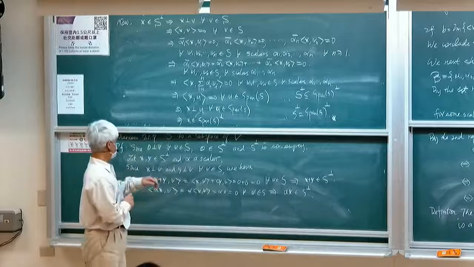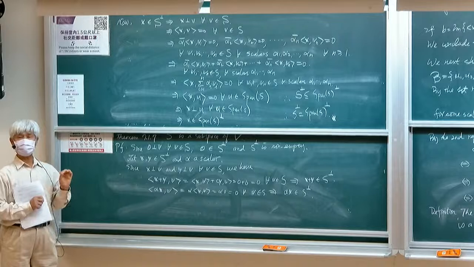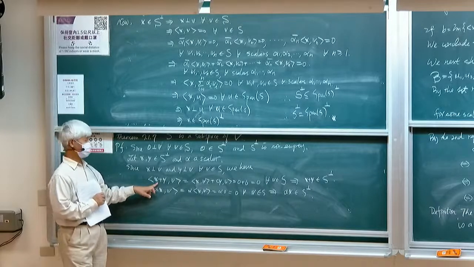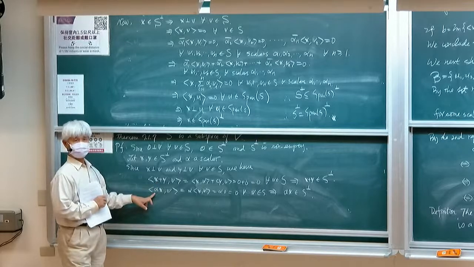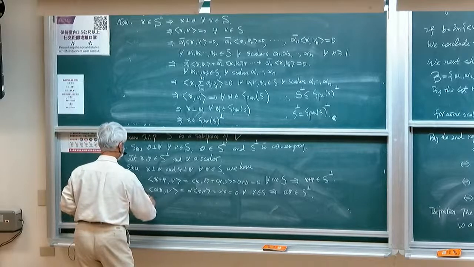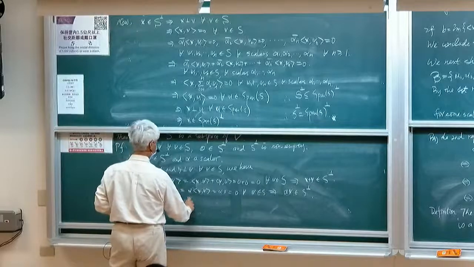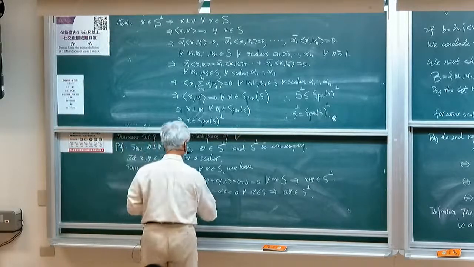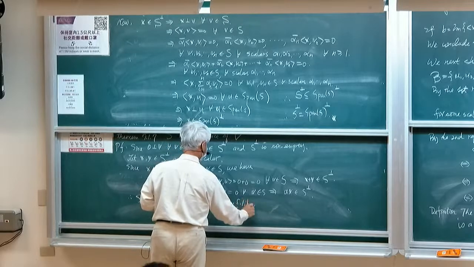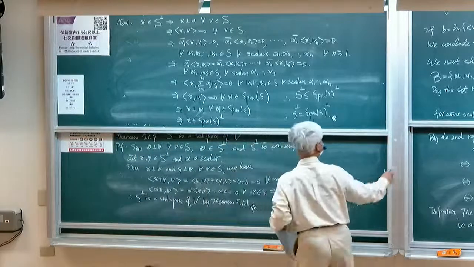So you see that the S perp, or the orthogonal complement of S, is closed under vector addition as well as scalar multiplication. So it's a subspace, by theorem 5.1.1 before.